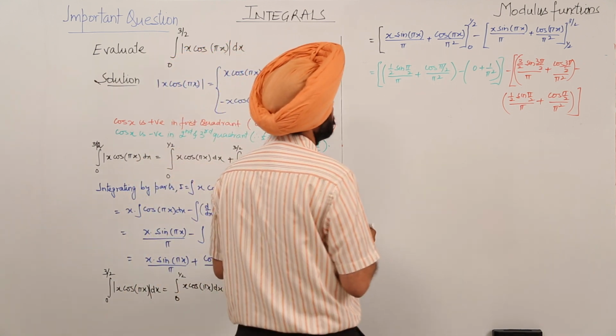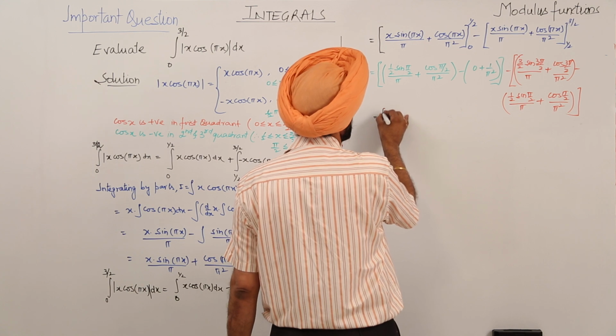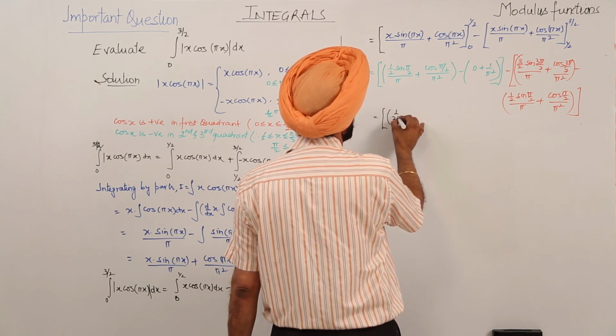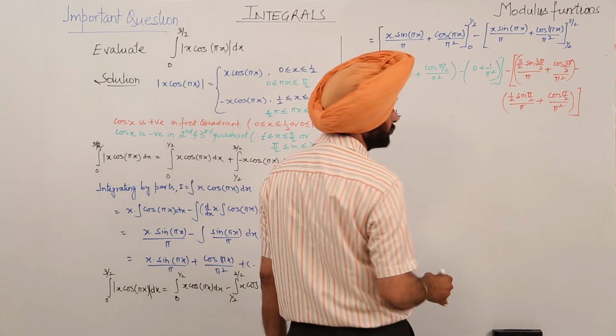Now this becomes 1 upon 2 pi, since sin 90 is 1.